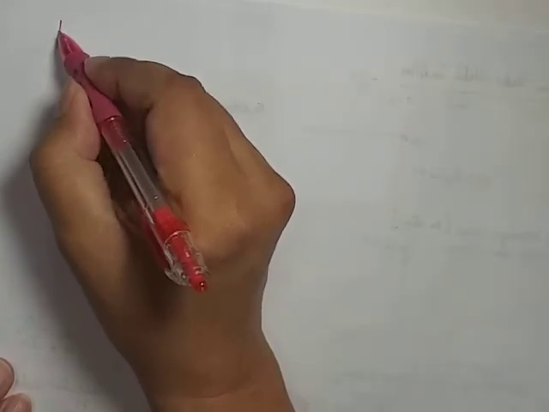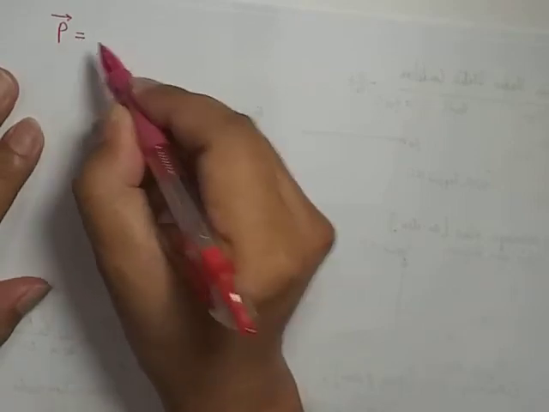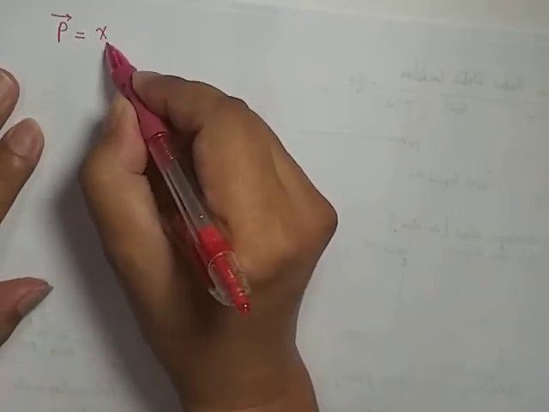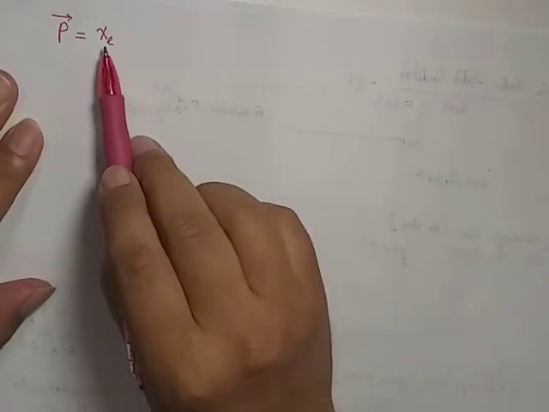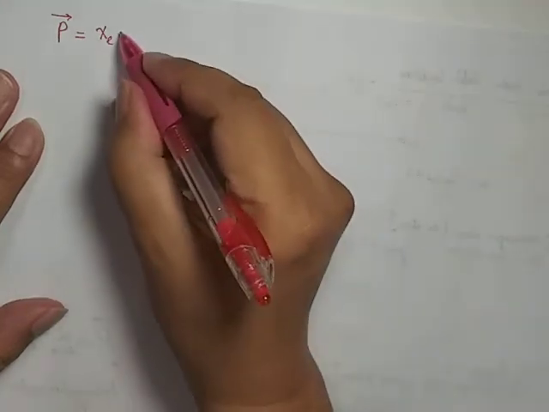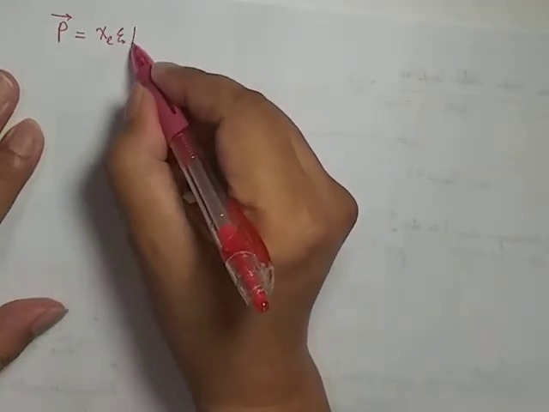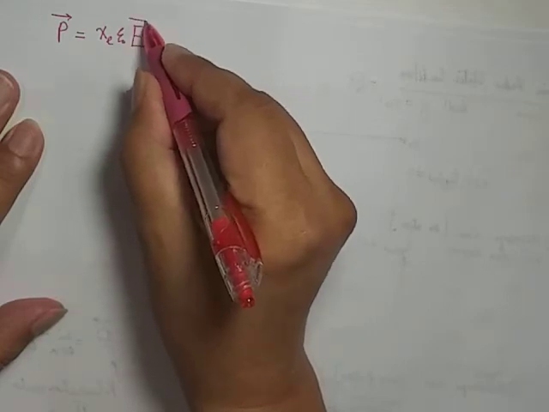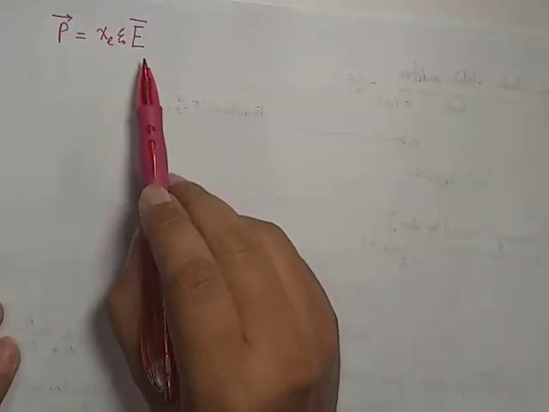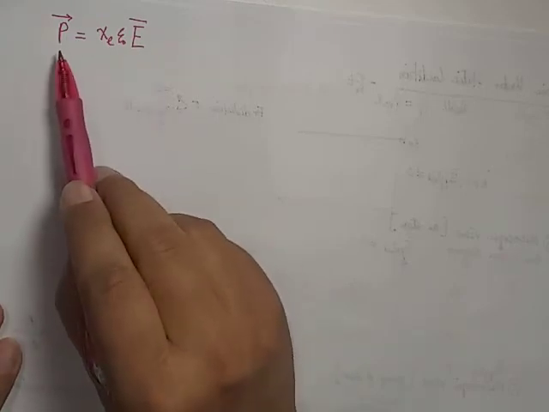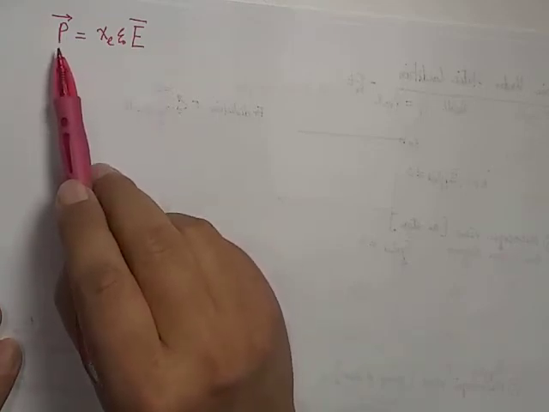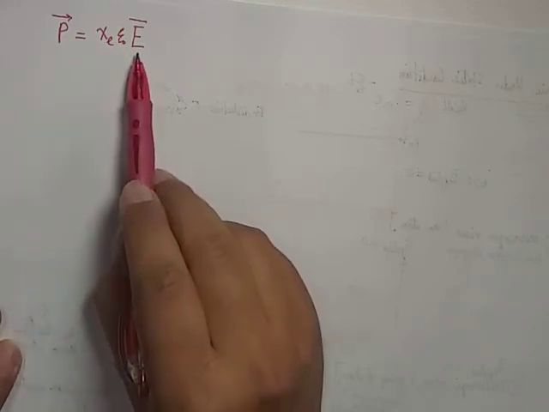We can state that P, the polarization vector, is equal to a constant, electric susceptibility, epsilon naught, multiplied with E. That should be the equation relating the electric field to P, because we know P only appears in our discussion when the E applied is not equal to 0.